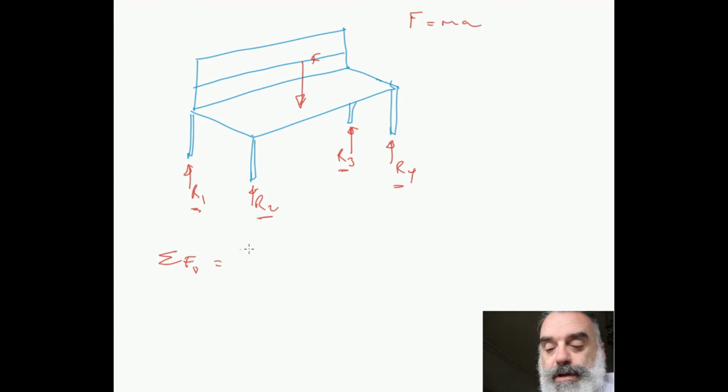So the sum of all those had to add up to 0 for this to be in static equilibrium. If they didn't add up to 0, then we would have some out of balance action, and that would give rise to an acceleration of this bench, which has some mass.